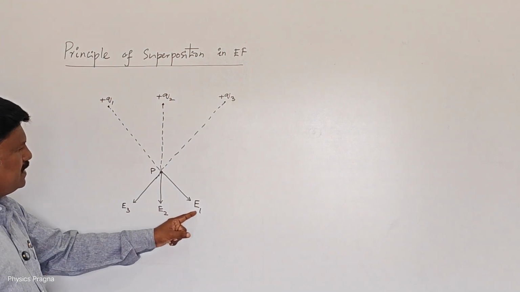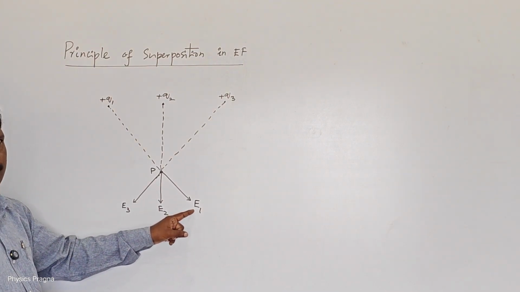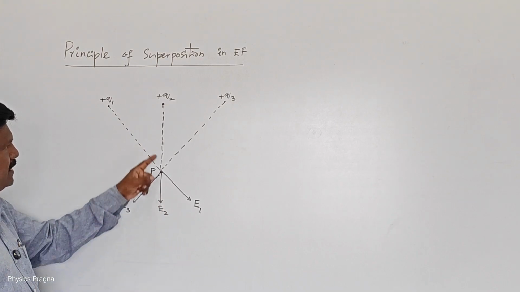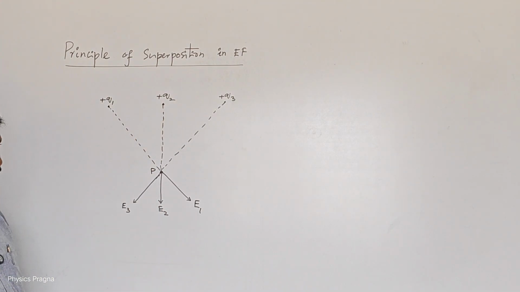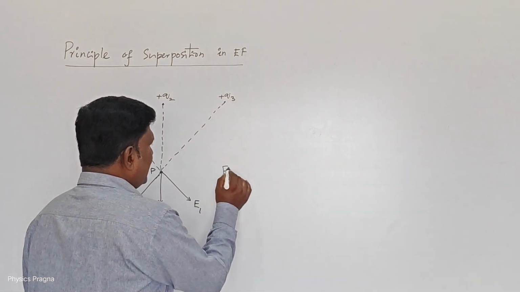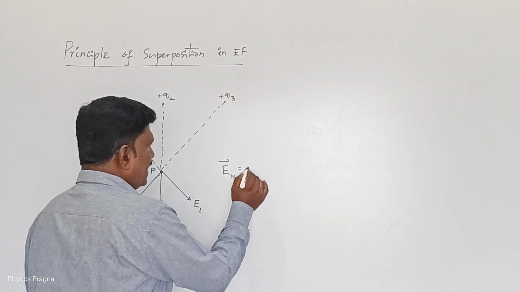The electric field E1 won't be disturbed by the electric fields E2, E3 because of other charges. According to the superposition principle, the net electric field at a point is the sum of the electric fields.